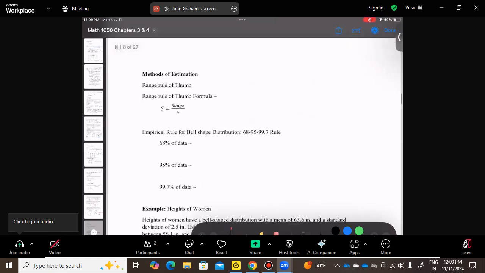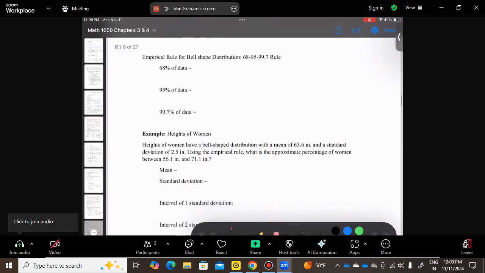All right, now more importantly is what we call the empirical rule for bell-shaped distribution. So this goes with the normal distribution. We basically are going to divide this into regions based on standard deviation. Okay, so this is one standard deviation. I'm just going to do STD so it's easy to write.